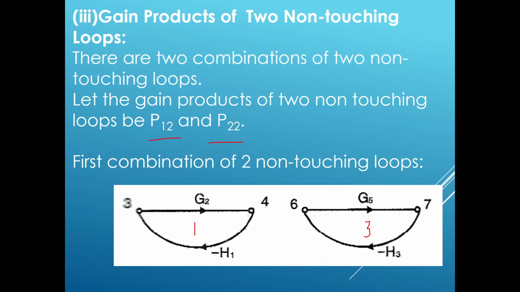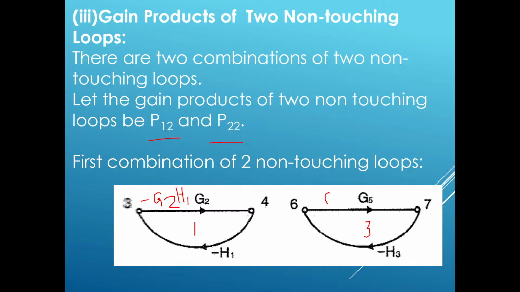Let us determine the gain product. What is the gain of this 3 4? It is G2 into minus H1, that is minus G2 H1. Similarly, what is the gain of this loop?